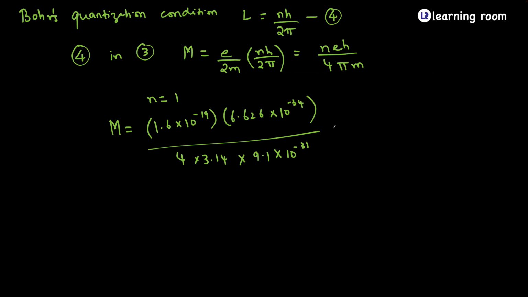So when you calculate this value, it will come out as 9.27 into 10 power minus 24 ampere meter square. And what is this called as? It's called Bohr's magneton.